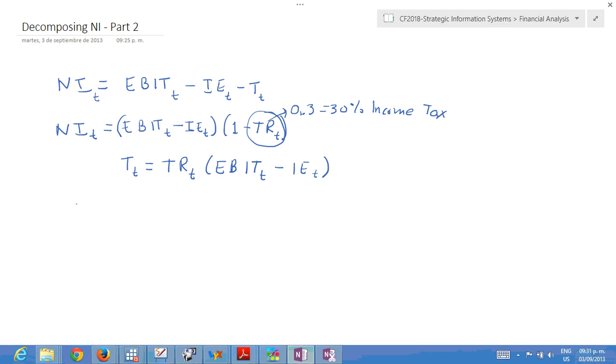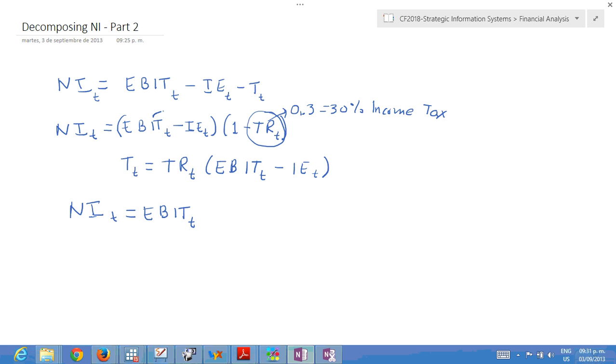Net income at time t is going to be equal to EBIT at time t minus interest expenses. I'm gonna be doing this math. If you see this as a multiplication of two factors, how do you multiply this?